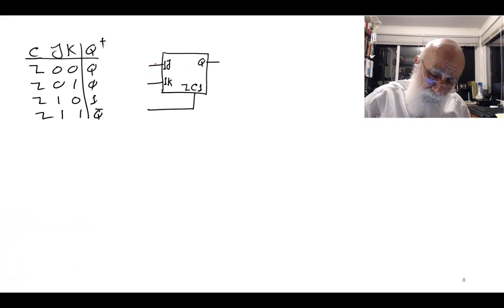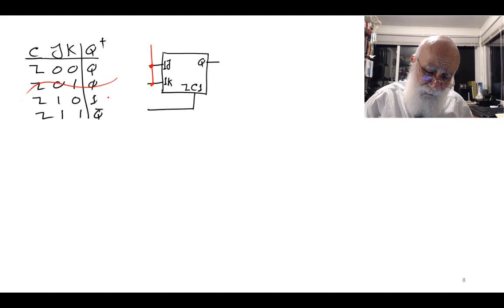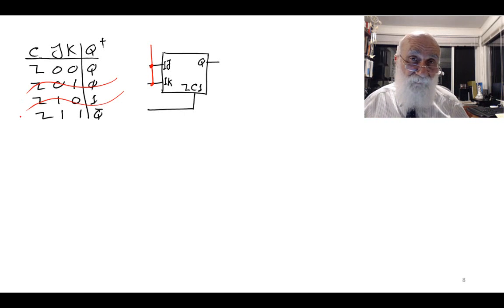Okay, I'm going to tie these two together. If I tie these two together, it means that J and K can never be different. Therefore, I'm eliminating these two cases.